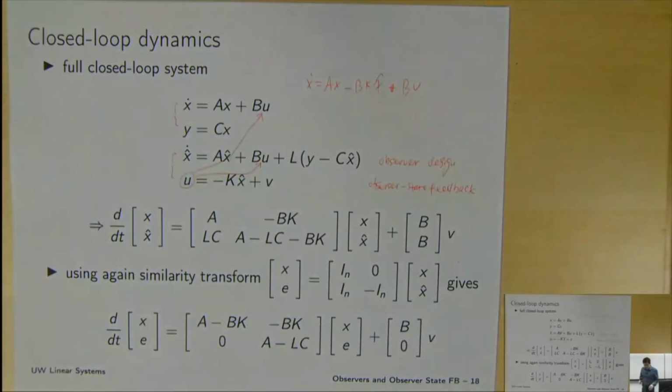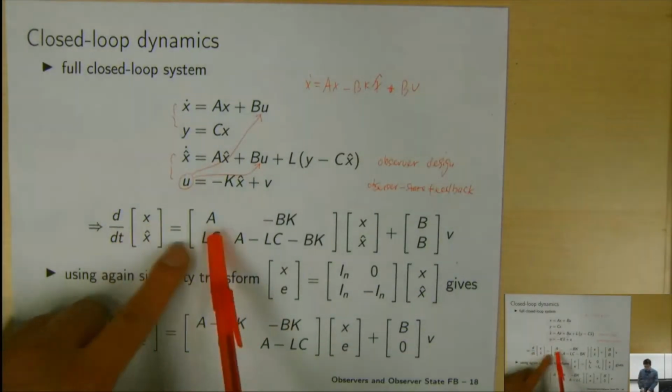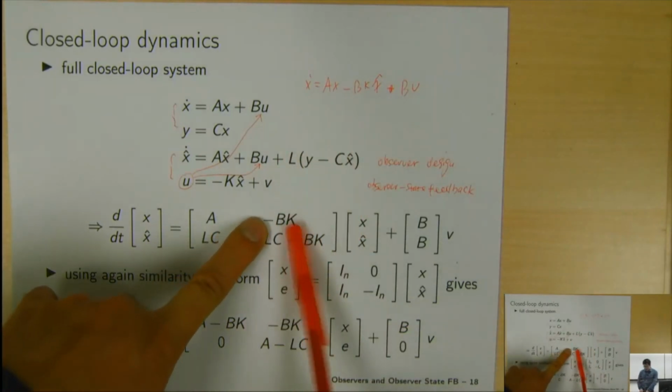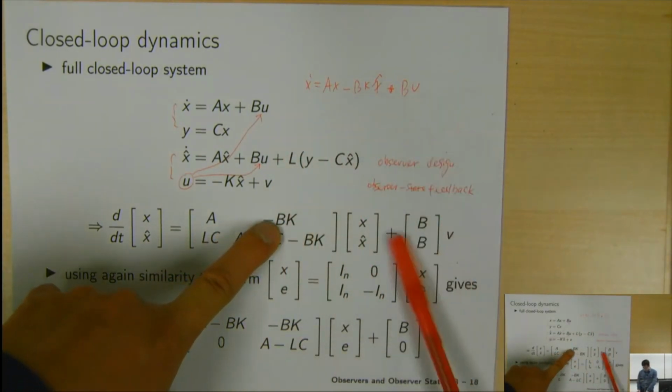So in matrix form, it's x dot equal to Ax minus BK times x hat plus Bv.